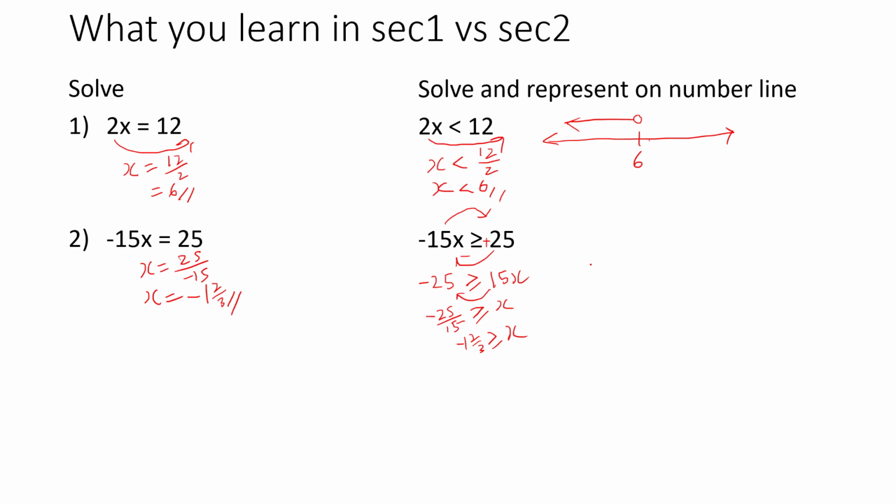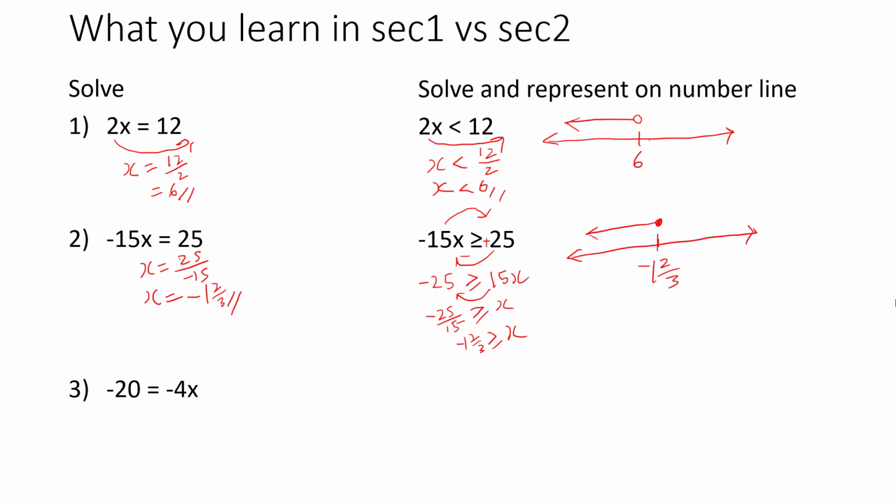And how I represent this on the number line, it will be like this. Negative 1 and 2/3, and x is smaller than negative 1 and 2/3, so x is here, and because it can be equals to negative 1 and 2/3, I must use a dot.